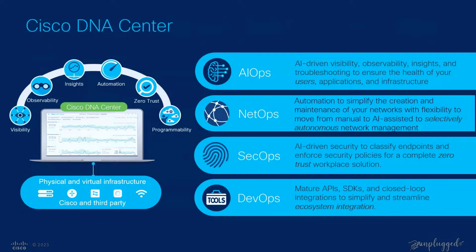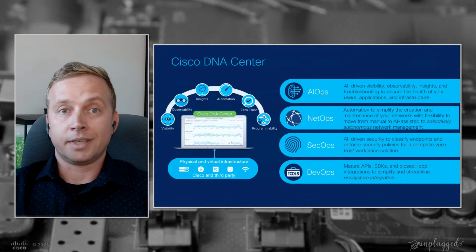Not just that, but all the tasks that I just mentioned can be further automated for ease of maintenance of the network. Security operations, SecOps, simplifies zero trust security for the workplace with multi-level policy-based segmentation. And last but not least, the programmability of our network, or DevOps, with its intent-based APIs, webhook notification, and streamlined ecosystem integration with other automation platforms such as Ansible. It makes a variety of DevOps tasks easier and faster to execute. And that is really Cisco DNA Center in a nutshell.